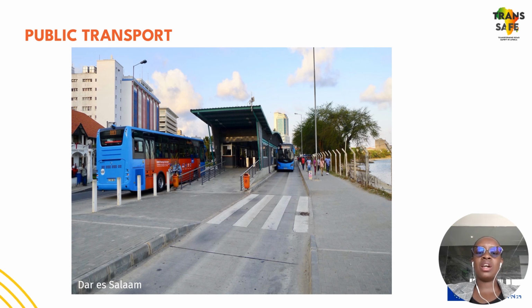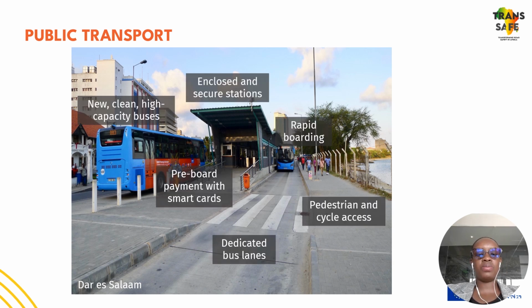And what are the characteristics of good public transport? It has new high capacity buses. It has enclosed and secure stations where the commuters who intend to use the public transport pay before they board. So it has pre-boarding payment, which is done using smart cards. We have rapid boarding.